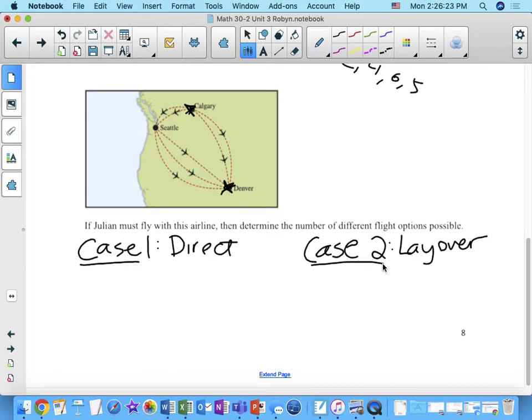Just one, yeah. How many options are there for him to go direct? There's 2 options. For a layover, how many spaces do I need? I need 2, because he has to go Calgary to Seattle, and then Seattle to Denver.